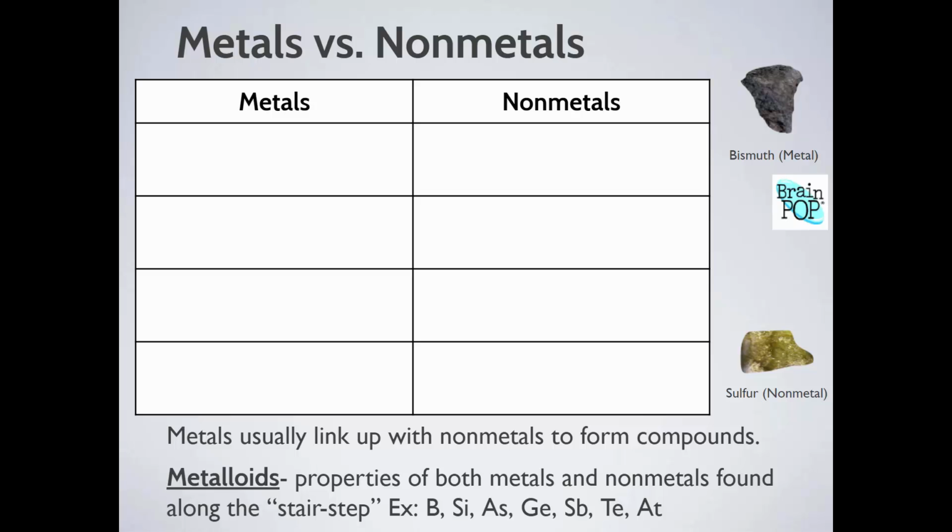Metals and nonmetals. Metals and nonmetals in terms of chemistry are maybe a little different than you imagine them in your everyday use of the words. In chemistry, metals are the elements that have less than 4 electrons in their outer shell. Nonmetals are those elements that have more than 4.